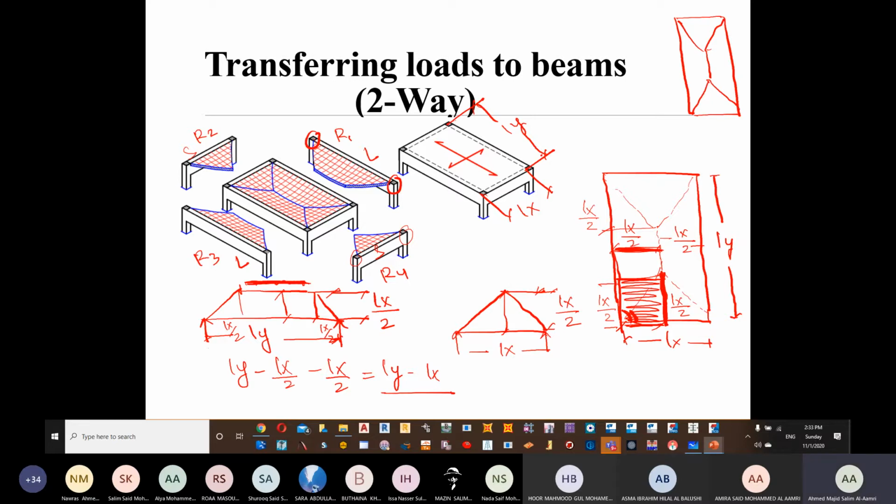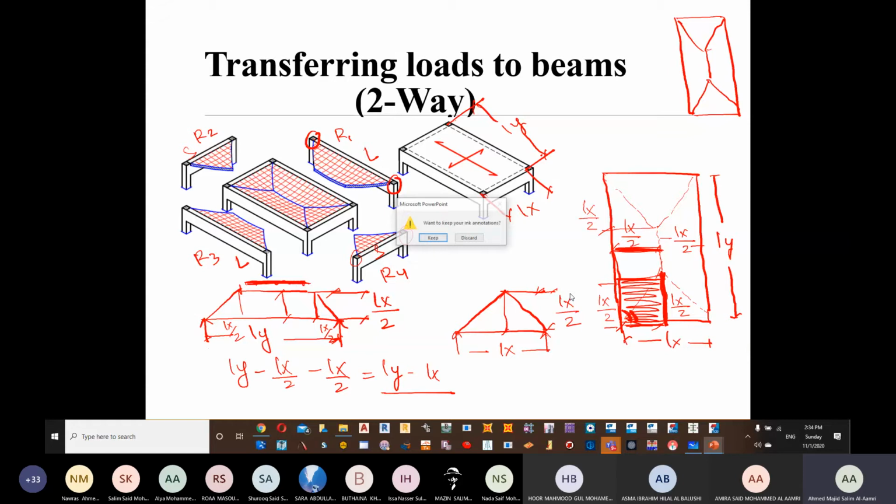Okay, there's no Lx over 8. We don't have Lx over 8. Okay, so whatever is the scenario, whatever are the values that you are having, the intensity of the triangle, the intensity of the trapezoidal is always going to be Lx over 2.